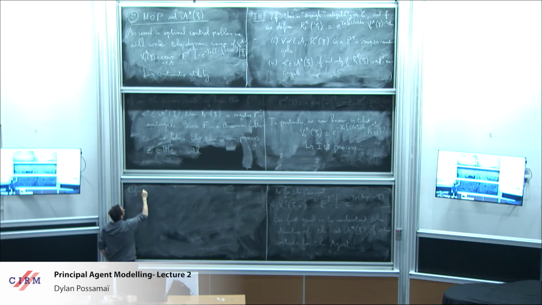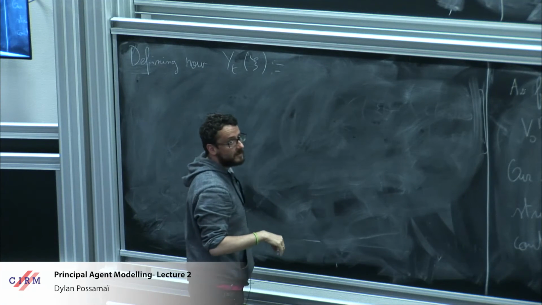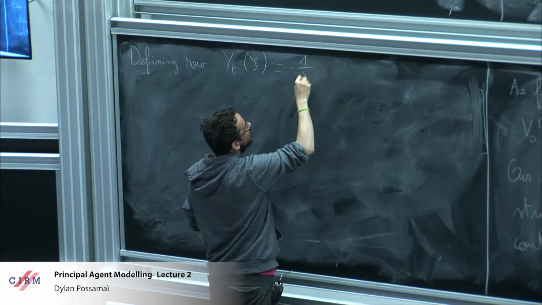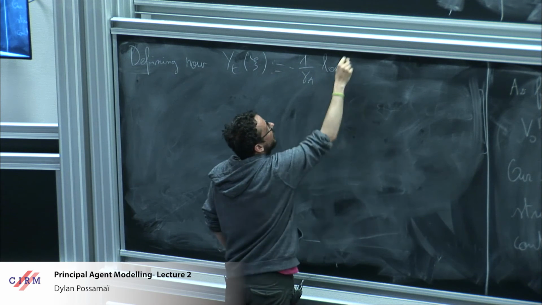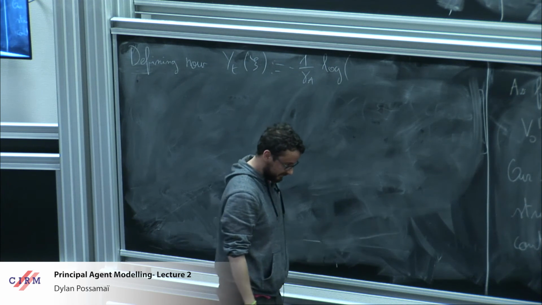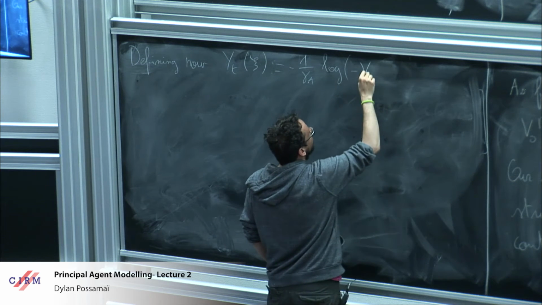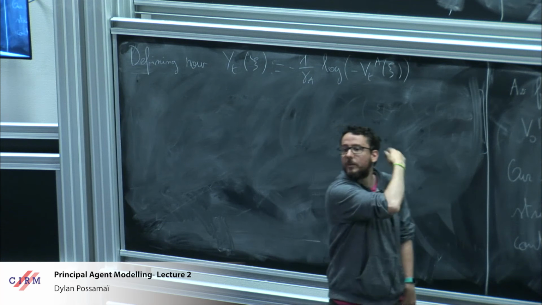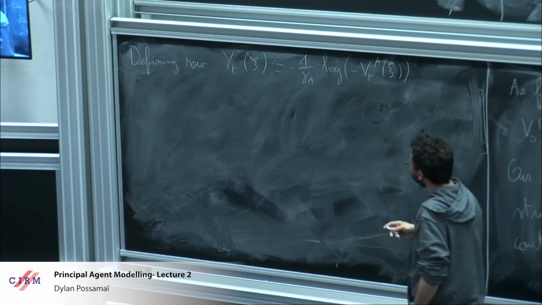So defining now, I'm going to call it Yt psi. So this is minus 1 over gamma A log of minus VTA of xi. So this is exactly the inverse of the utility function.